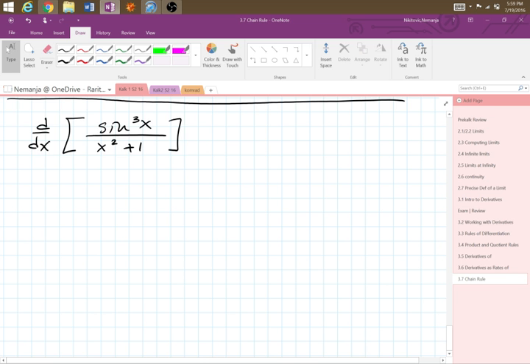F of x would be like sine x, and then the other one would.